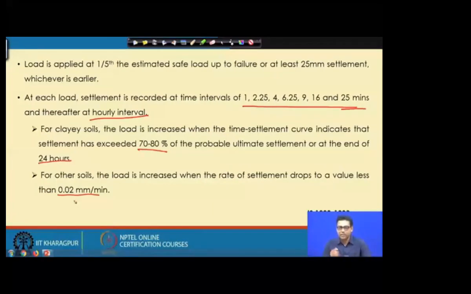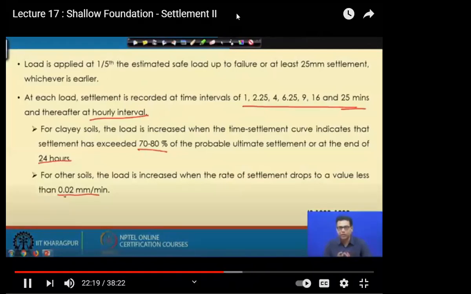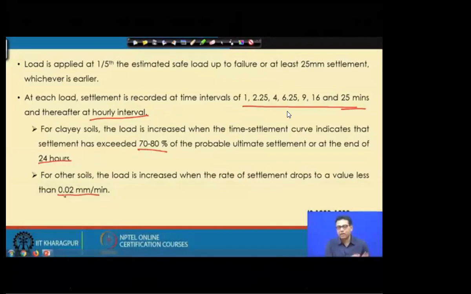For the sand, generally if the settlement rate is less than 0.02 millimeter per minute, then we apply the next increment of load, and in the clay either after 24 hours or if it exceeds 70 to 80% of the probable ultimate settlement. The probable ultimate settlement you calculate using the theoretical expressions for immediate and consolidation settlement.